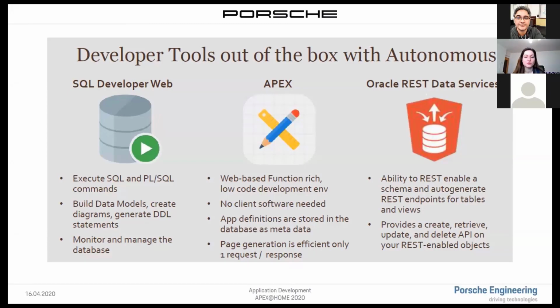For ORDS, what can you do with ORDS? Well, if you have some tables and views in your database, you can create REST APIs, REST APIs that can handle all the requests for you. So if you want to delete data, update, or insert, you can do it through your REST-enabled objects.